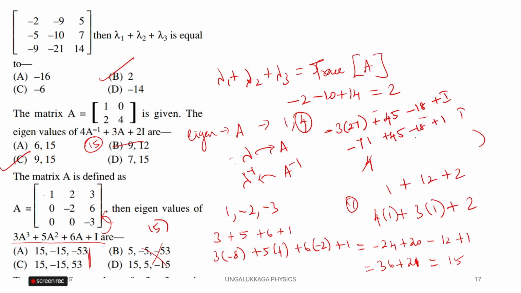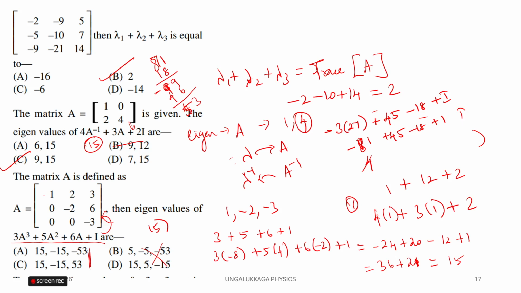I think I made some mistake here. Recomputing: minus 81 plus 45 minus 18 plus 1, so obviously the answer is minus 53.